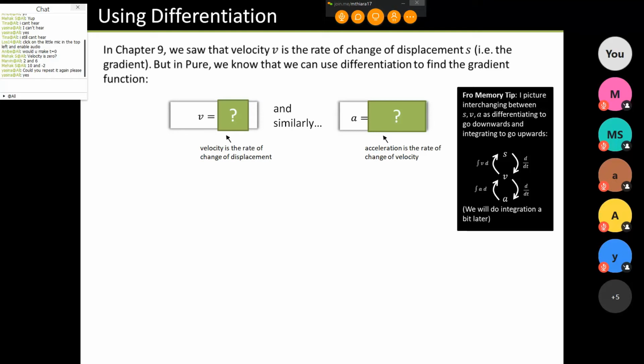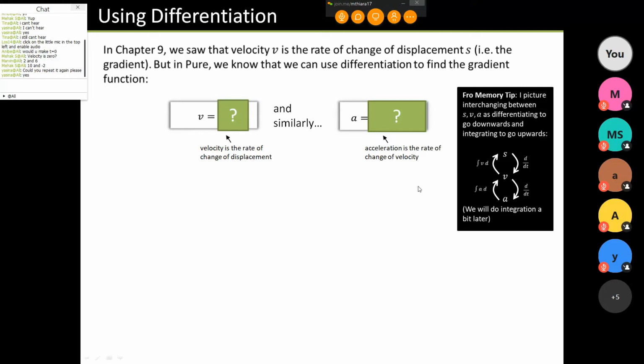So we know from what I was saying earlier that the rate of change of displacement is velocity. The gradient of the displacement graph is velocity, and the gradient of the velocity graph is acceleration.